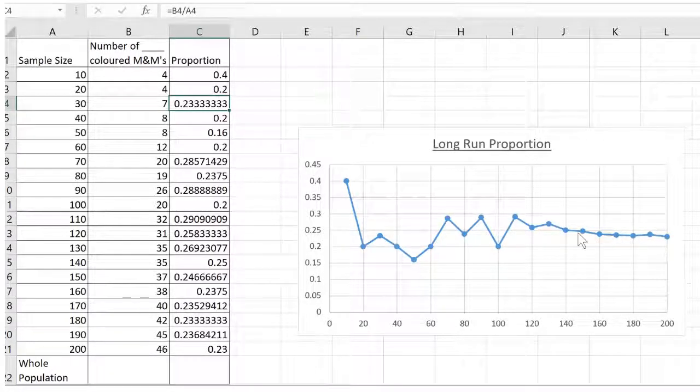So this straight line over here is called long run proportion, and what that means is it's quite representative of the whole population. Whereas when we had a smaller sample size, you see that it was not reflecting the whole population at all. So the larger the sample size, the more representative it is of the population, but it is going to cost more.